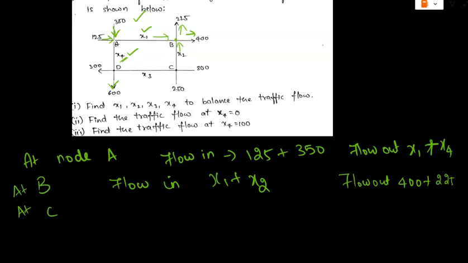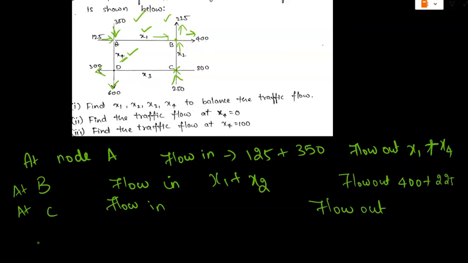Similarly at C, can we see what the flow in and flow out are? At the point C, you can see the arrows going here. This 800 and the other value, 250, you can see the arrow here.